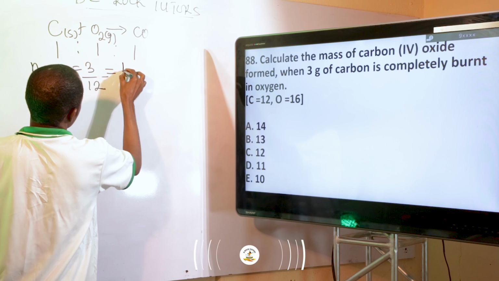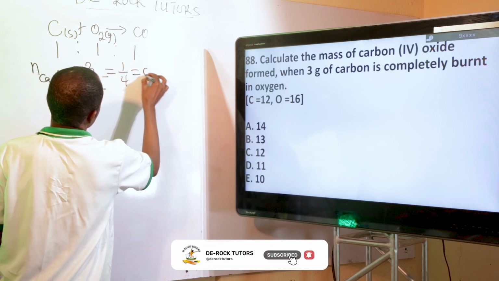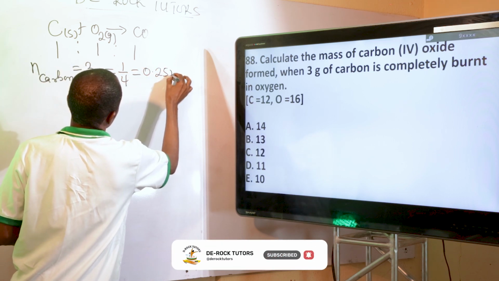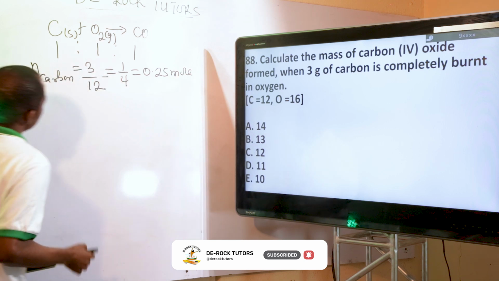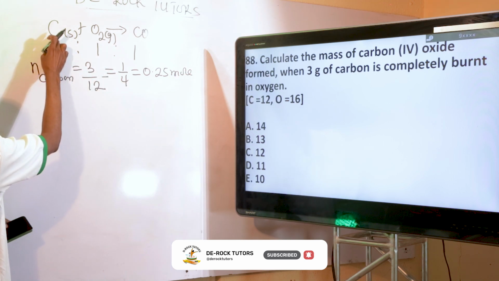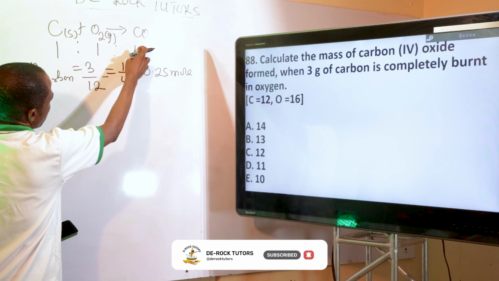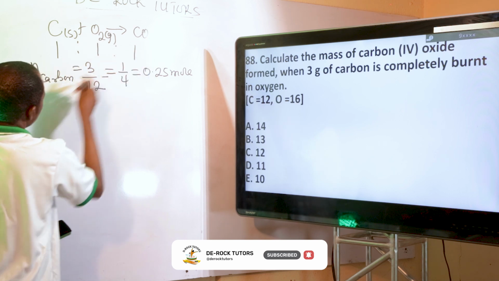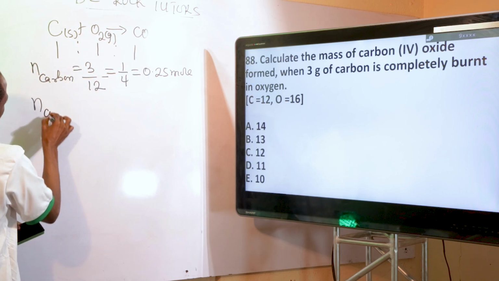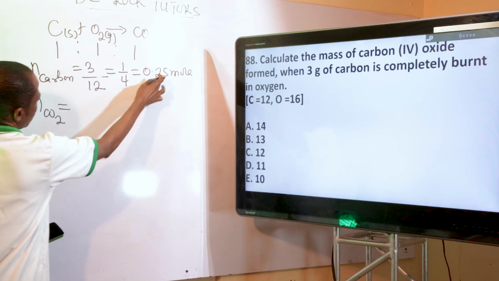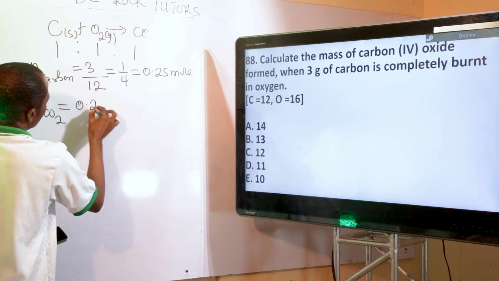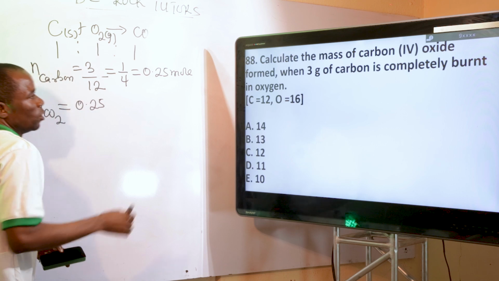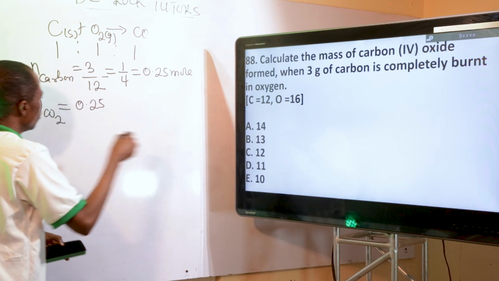This will give us 1 all over 4, which is 0.25 mole. What that means is, since the number of mole of carbon is the same as the number of mole of CO2, which is ratio 1 to 1, it means that the number of mole of CO2 is also equal to 0.25. Now, we need to calculate the mass of CO2.